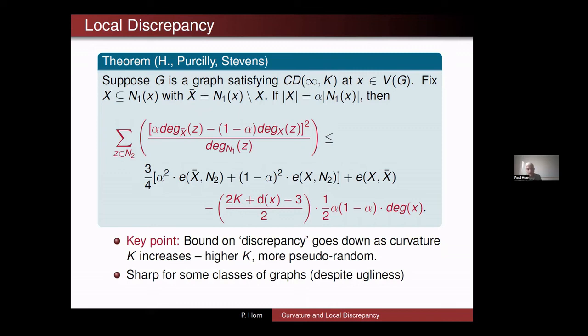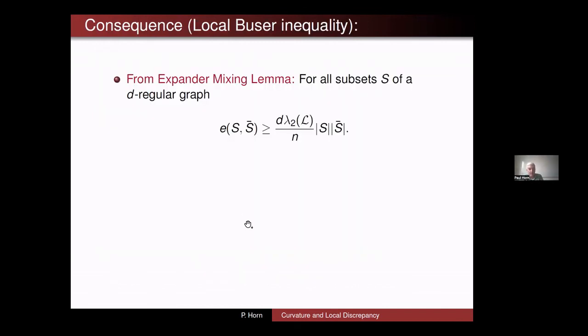And as I say, this turns out to be sharp for some classes of graphs. It gives a bound in exactly the direction that we wanted here. So it is saying that when I have a graph, the higher that curvature is, the more random the edges between the first and second neighborhoods look. That is already quite nice.